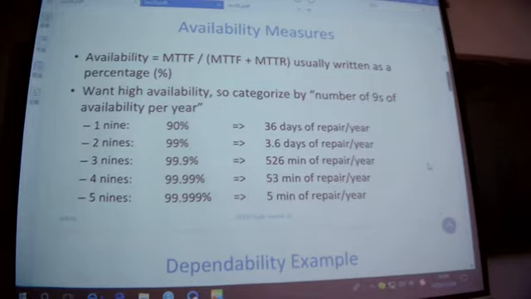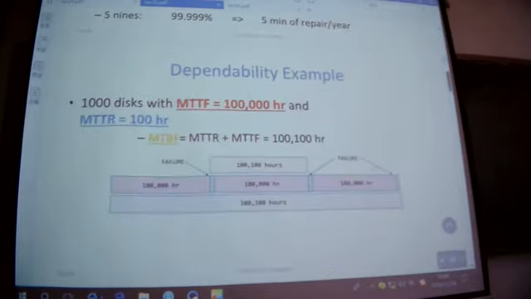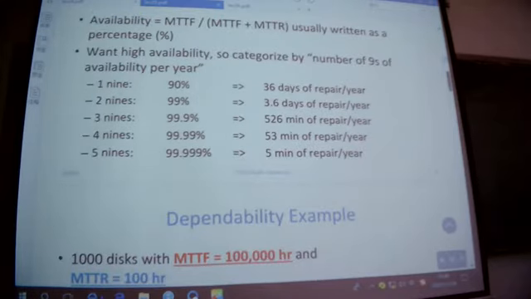You can see this ranges from 36 days of repair per year to 5 minutes of repair per year. So this is 90%, and this is 99.999%. So if the percentage has more nines, we find the repair time is reduced.